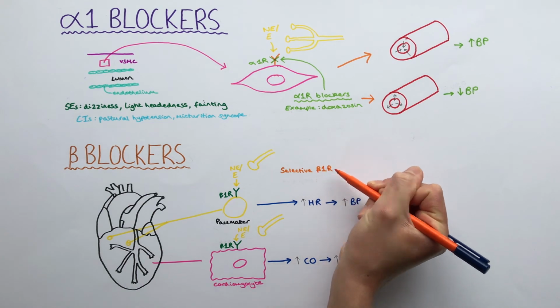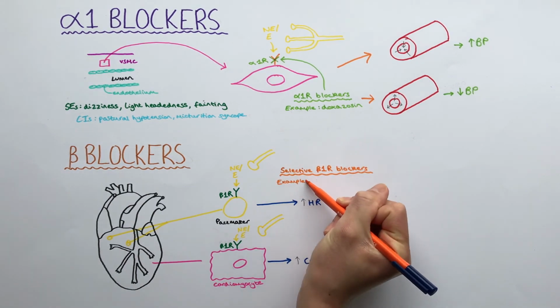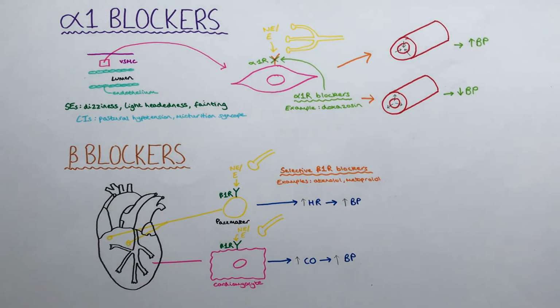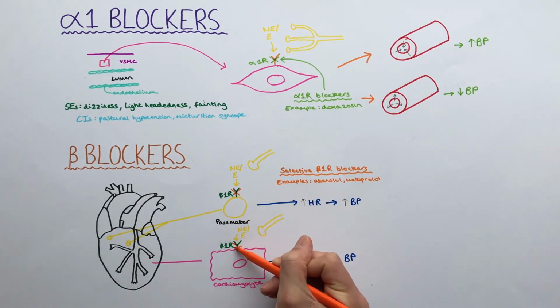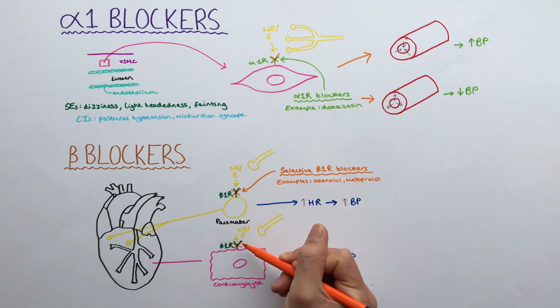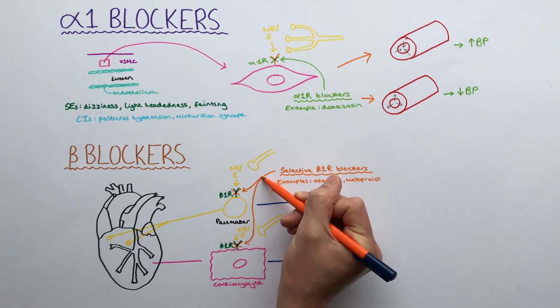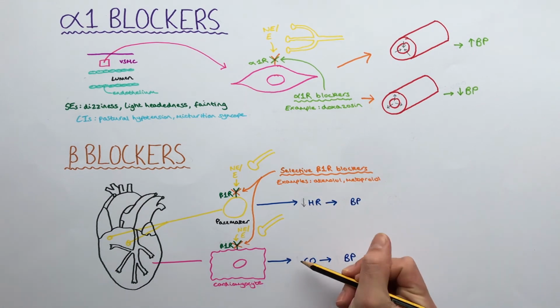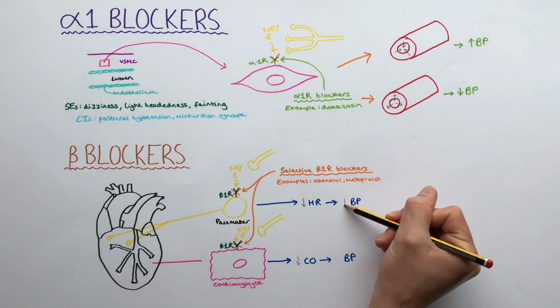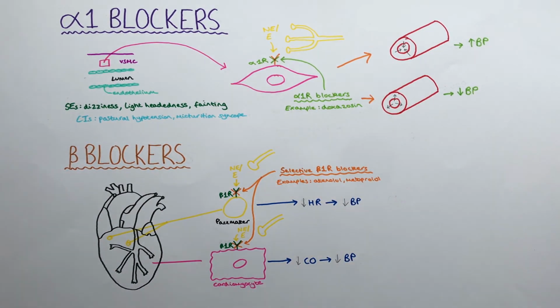Beta blockers can be selective, for example, atenolol and metoprolol. They are selective as they solely inhibit the beta-1 receptors in the heart, therefore the beta-1 receptors in the pacemaker cells and cardiomyocytes. This will reduce the heart rate and reduce the cardiac output, subsequently reducing the blood pressure.